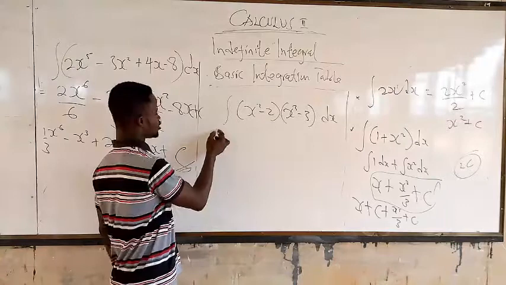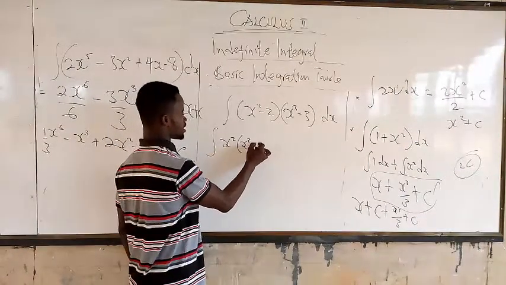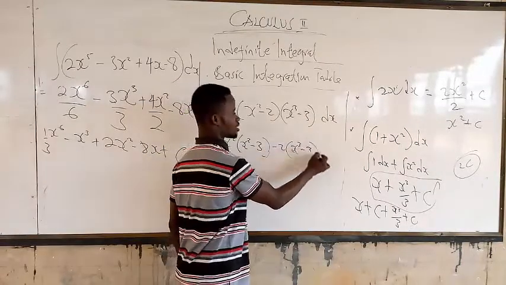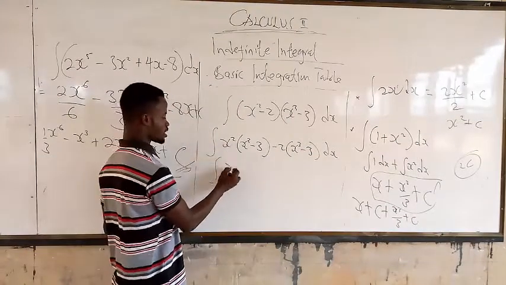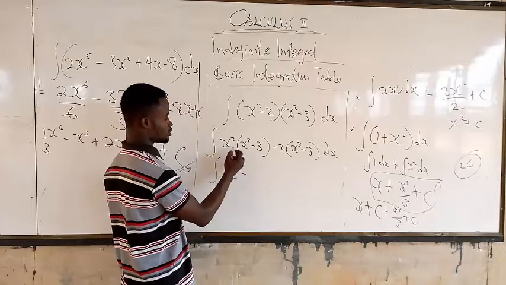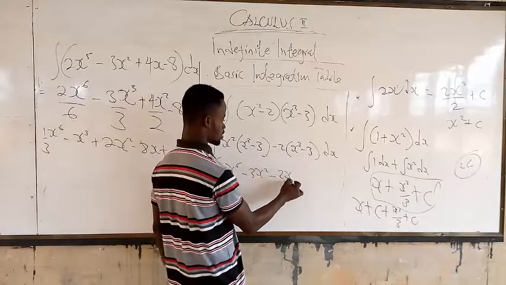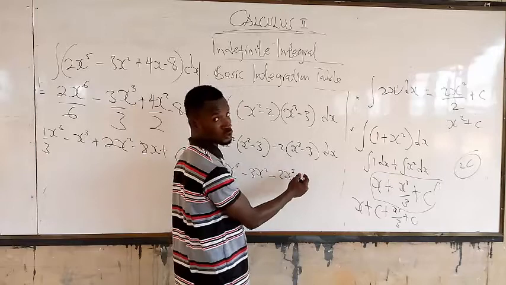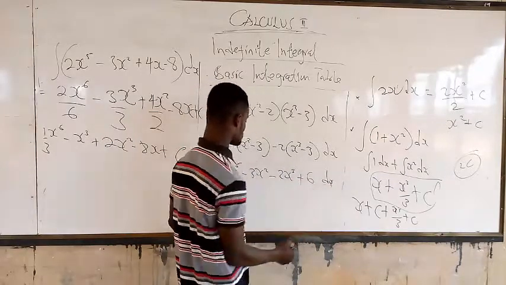Alright, so here what we do is expand and simplify the function and take the integral of it. So here you multiply x squared by x cubed minus 3, minus 2 multiplied by x cubed minus 3 dx. So this to this you get x to the power 5 minus 3x squared, minus 2x cubed plus 6 dx.